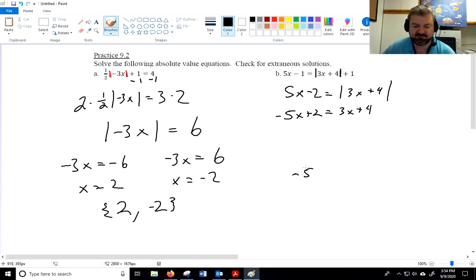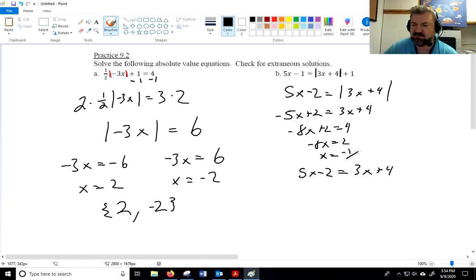A positive 5x minus 2 equals 3x plus 4. All right, so that's a negative 8x plus 2 equals 4 when I subtract 3x. Now subtract 2 from each side, and I get a negative 1 over 4, because 2 over 8 reduces to 1 over 4. And this gives me 2x minus 2 equals 4, 2x equals 6, so x equals 3.